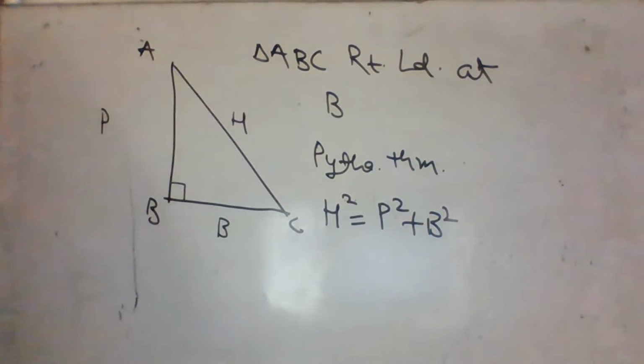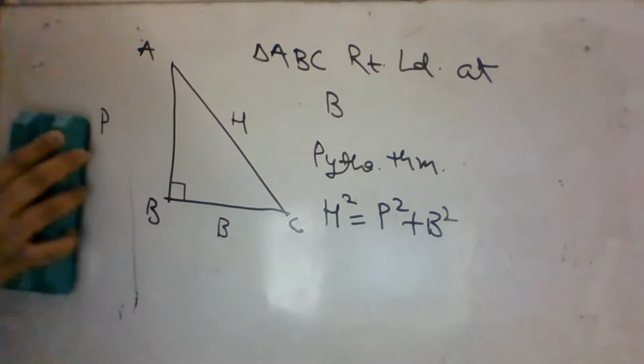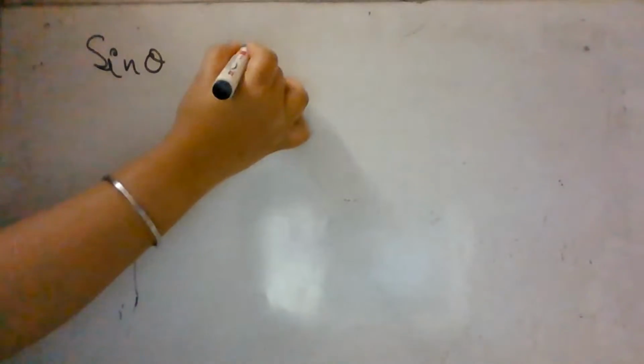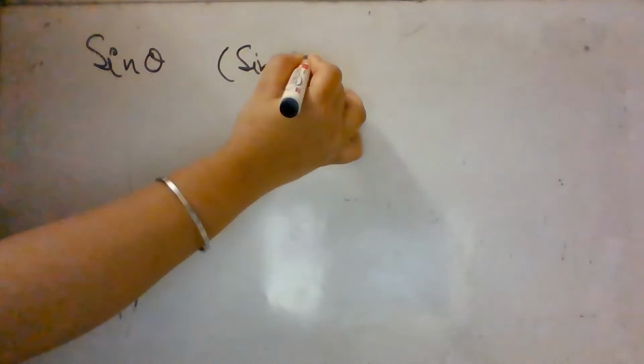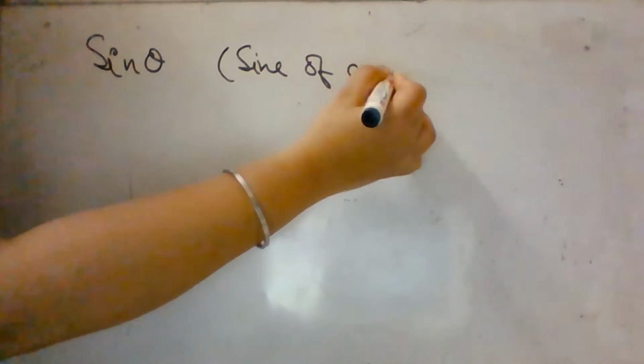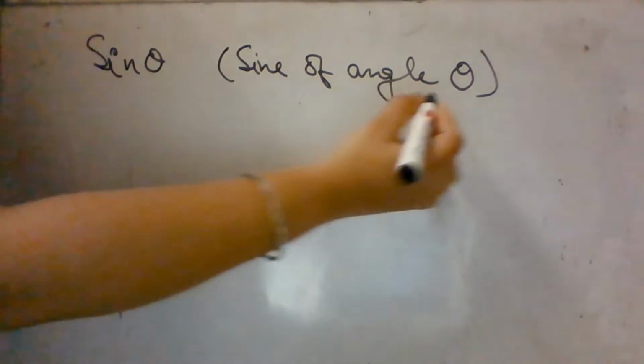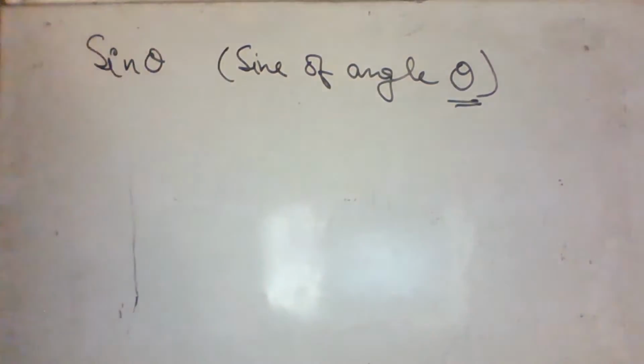Now, we will be discussing some trigonometric ratios. Trigonometric ratios are really necessary to understand. So you have first trigonometric ratio as sine theta. This is the short form for sine of angle theta. Just understand, this theta is the name for the angle.